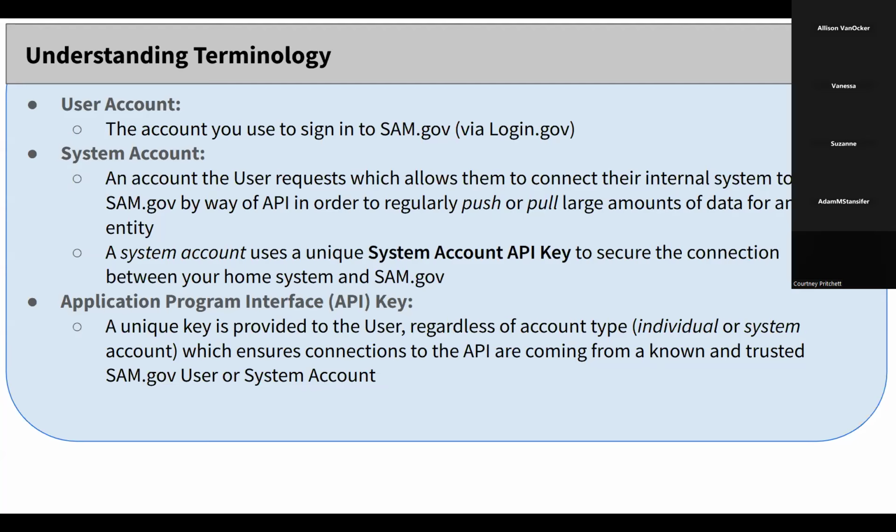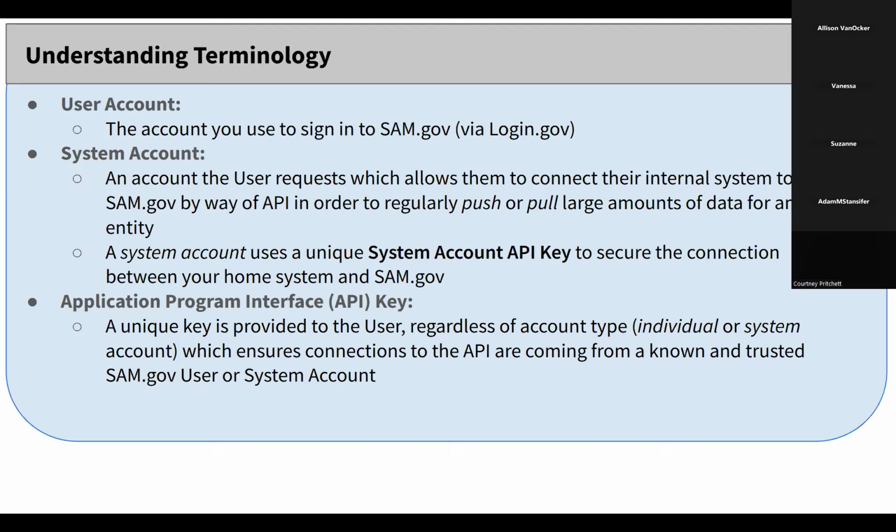The application program interface key. So again, this is a unique key provided by the user. This is regardless of an account type, an individual or system account. These are all API keys that we're talking about, as I mentioned before. It ensures that the APIs are coming from a known and trusted and secure government account.